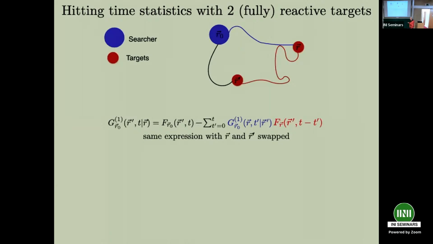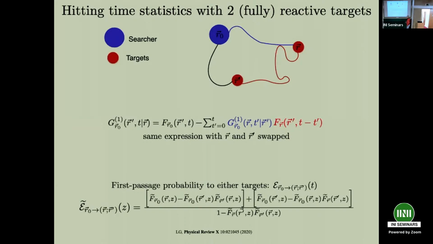So when you're thinking, you try to write this one on the left, and then you solve the problem, no? So you get the joint, and then you can find, just to show you, if you are interested in the first passage to either of those two, it's a sum of the first passage, so this part is the first passage from 0 to R. Notice that the structure is based on not this G, so this G gets taken out.